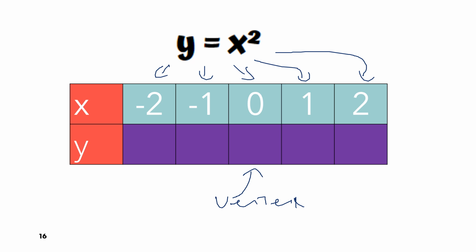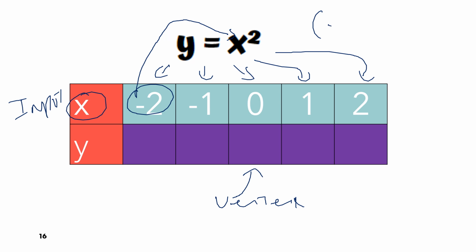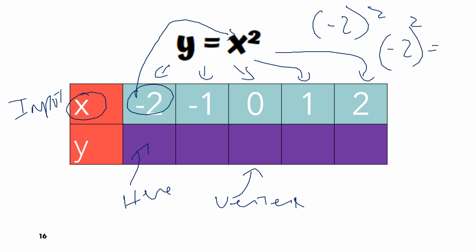And this is a function, so we've got our inputs. Just like with linear, we put our value for the input in for x. So it's going to be negative 2 squared. Whatever number that is, that's going to go here. If you're using a calculator, make sure you put parentheses around your negative 2, because with the calculator, negative 2 squared written with parentheses gives you 4.